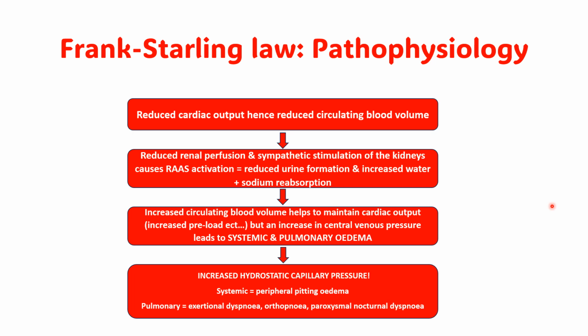The main goal is to produce increased vasoconstriction of peripheral vessels, so arteries and veins. Sympathetic nerves also cause tachycardia. So you're going to have an increased afterload, and therefore reduced stroke volume.